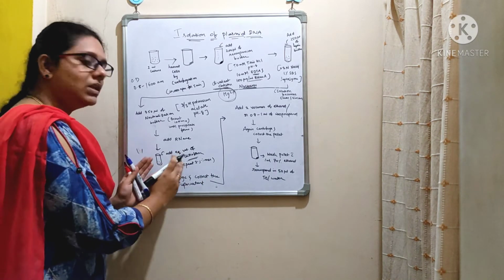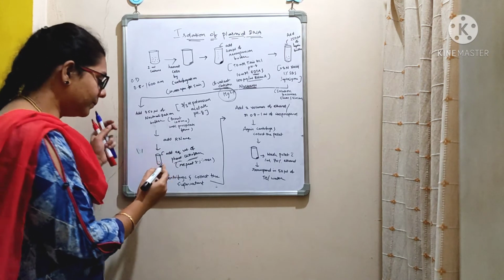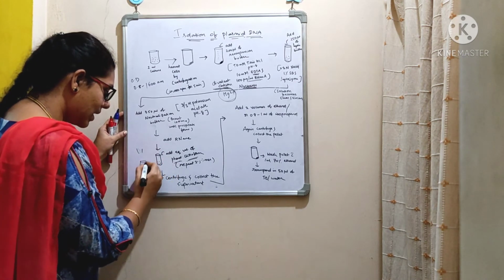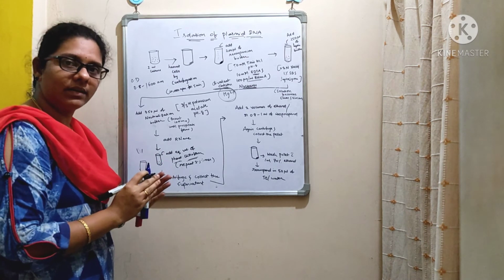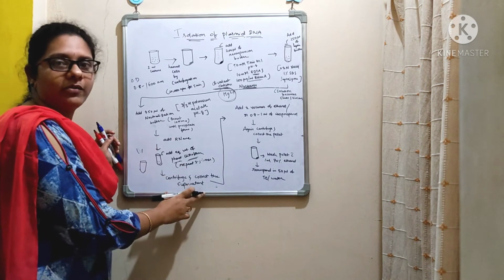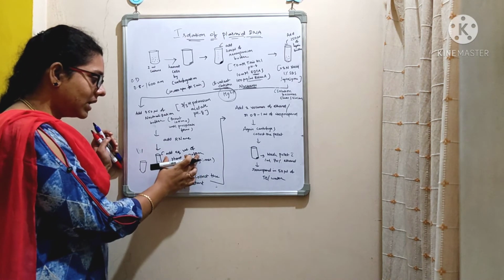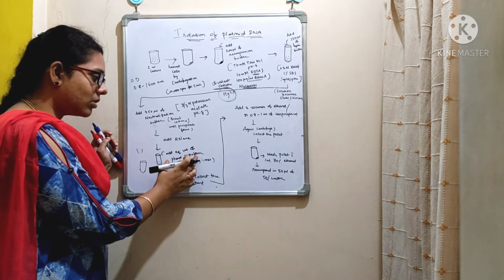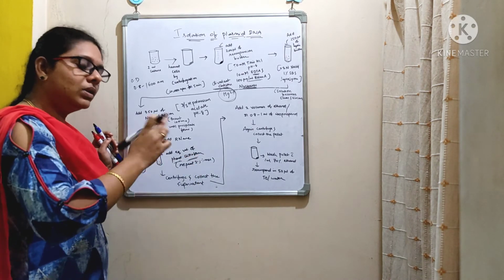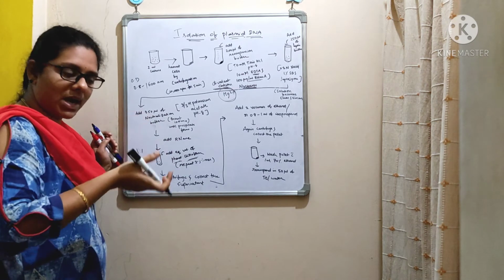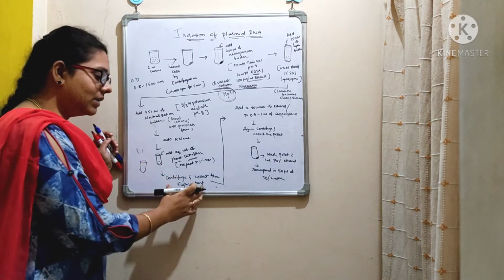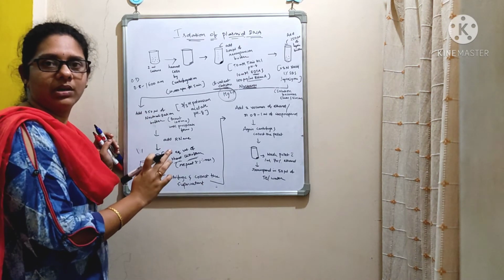So after the addition of phenol and chloroform and proper mixing, you need to centrifuge the solution. See clearly here, after the addition of the equal volume of phenol and chloroform, you need to mix the solution by inverting the tube, and then go for centrifugation.